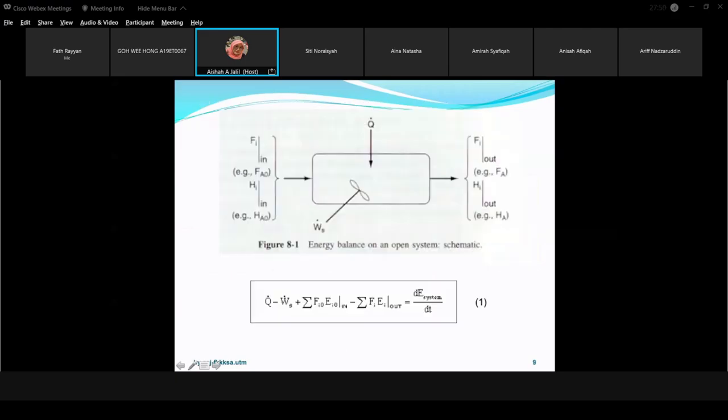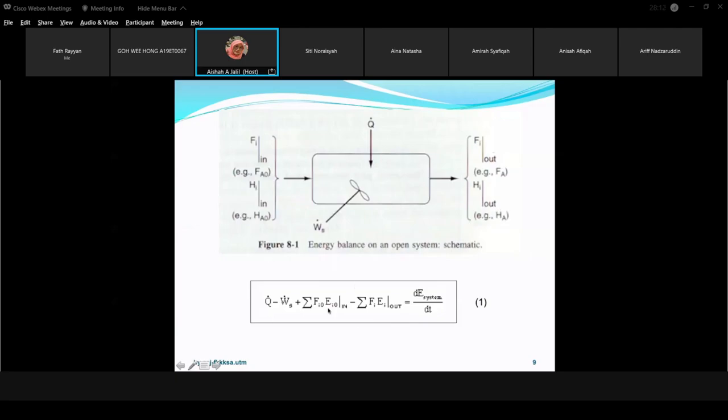This is the flow diagram sketch for the system. You can see flow in, H is the heat coming in, and then this is work. This is the flow rate out, flow out, H out.